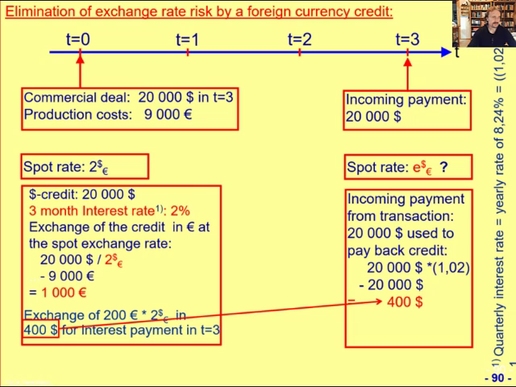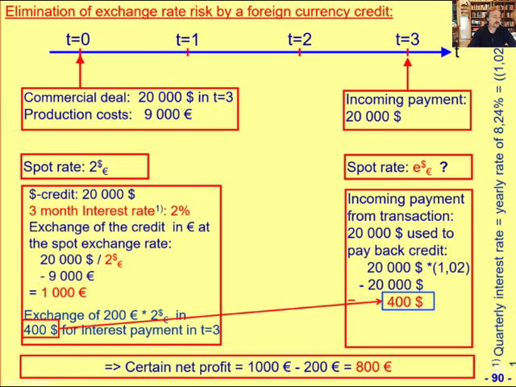Now, the final net profit is of course a little bit smaller than the 1,000 euro because we have to subtract from this 1,000 euro the 200 euro for the interest payment, such that our net profit will in this case be 800 euro.